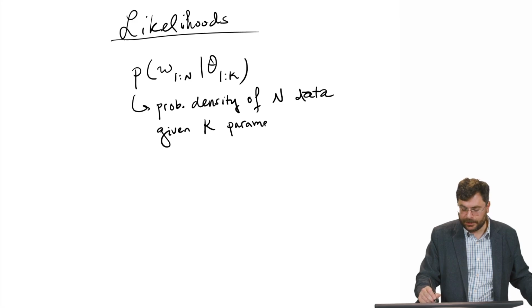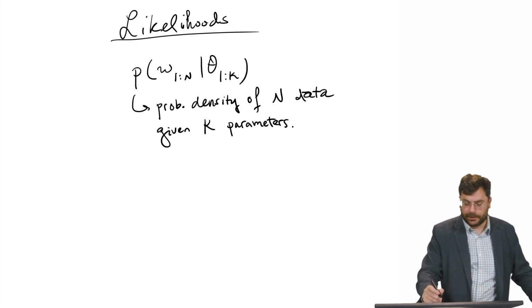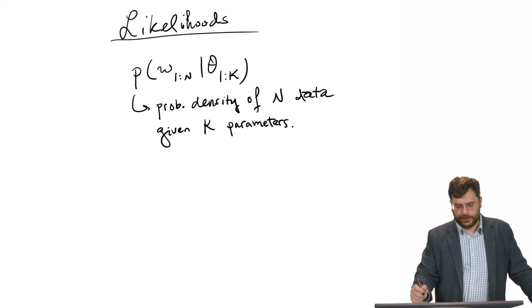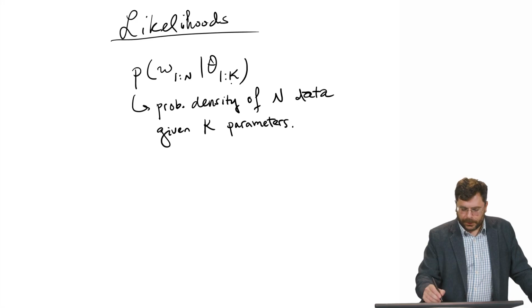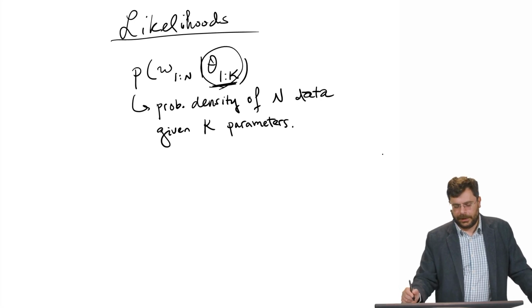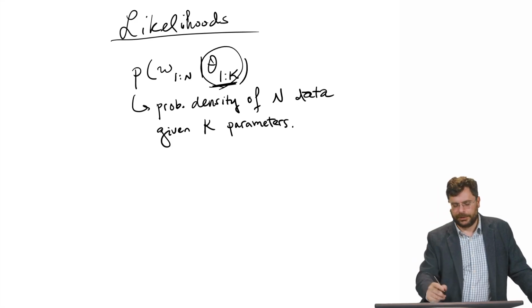And again, the n data could be one data point, and the k parameters could also be one. So k is kind of arbitrary from 1 all the way up, and n is also kind of arbitrary. Now we need to say something about parameters, because it's not so clear, in fact, what we mean by parameters very often. So parameters is kind of tied to the notion of what it is we want to learn.